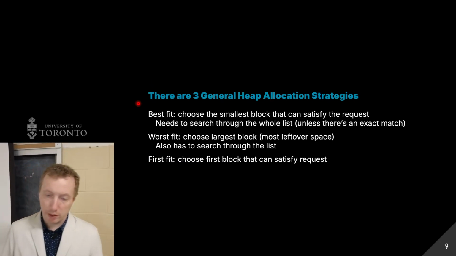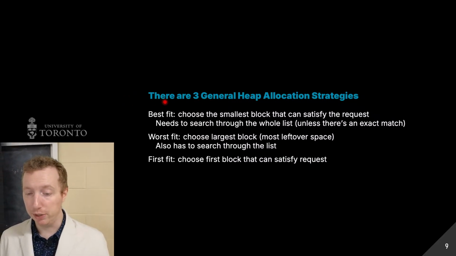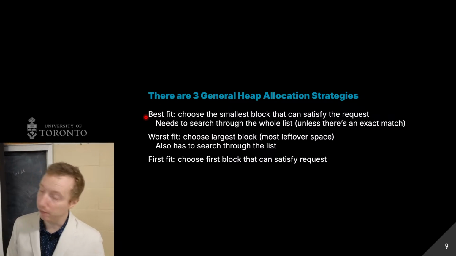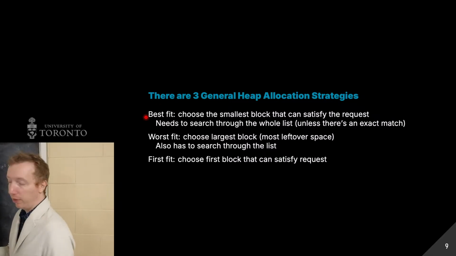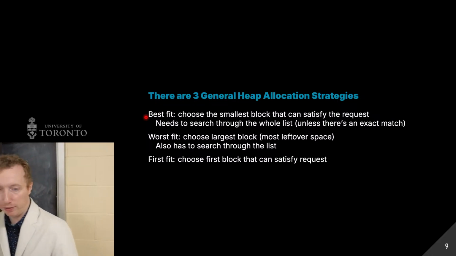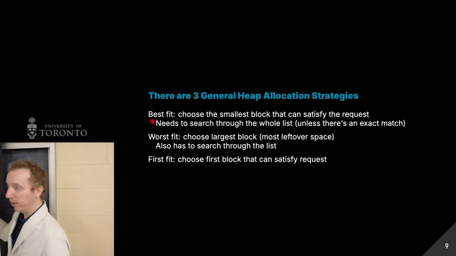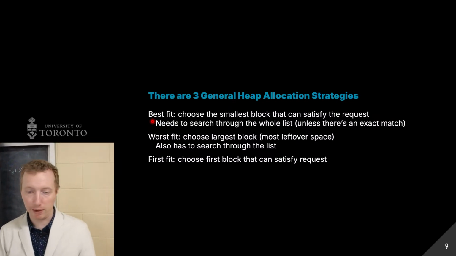In general, there are three heap allocation strategies we can use at the most basic level. The first is best fit, so choose the smallest block that can satisfy the current memory allocation request. It again needs to search through the whole list unless there's an exact match, in which case I've found the best match.